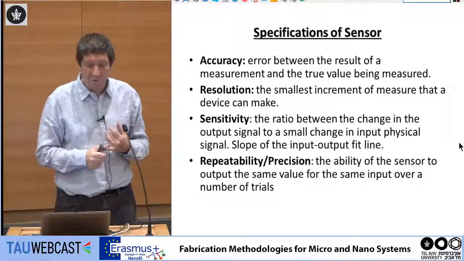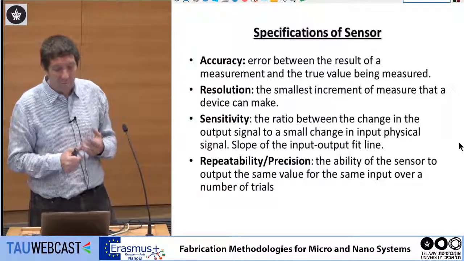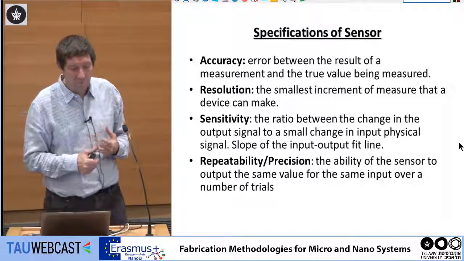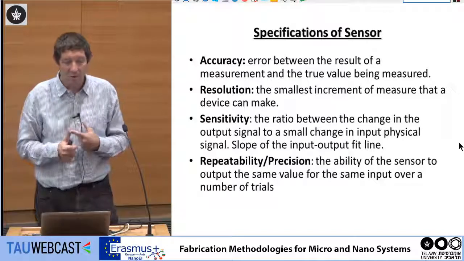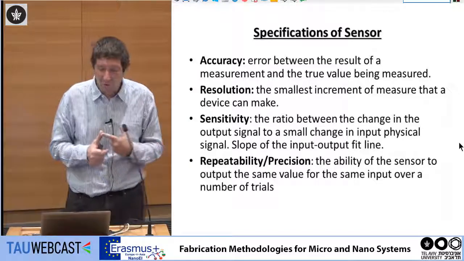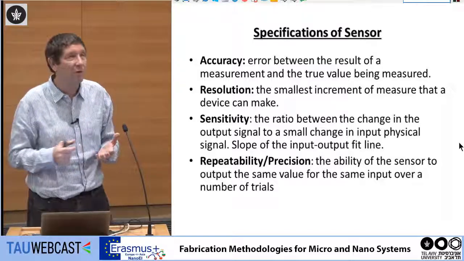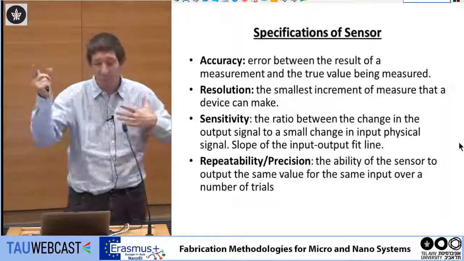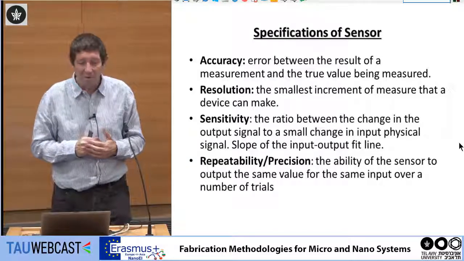One is accuracy, the error between the result of the measurement and the true value being measured. And then you have resolution, and sensitivity, the ratio between the change in the output signal and the small change of the input physical signal. You can, for example, plot output versus input as a fitted line. And then repeatability, or precision.